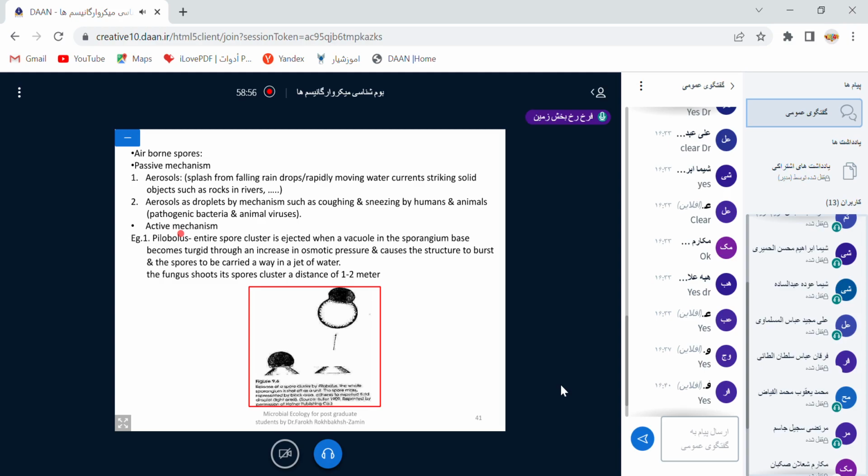Active mechanism. In the active mechanism, the microbe actively tries to send its spores into the atmosphere.